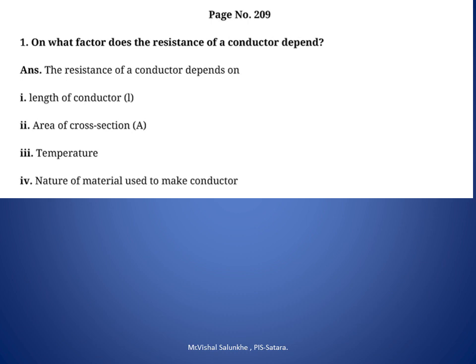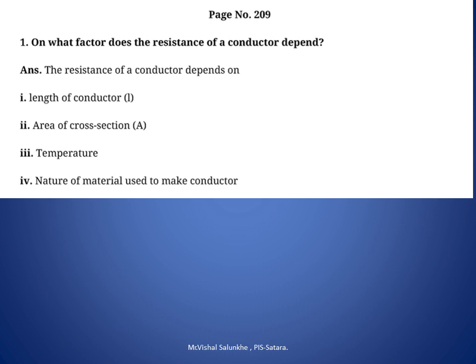Then third, temperature. If we increase the temperature, resistance of the conductor increases. And fourth is nature of the material used to make the conductor, because resistance depends on the nature also, since conductors have a wide range of different resistivity. Silver has the least resistivity, and some materials, for example iron, have very large resistance.